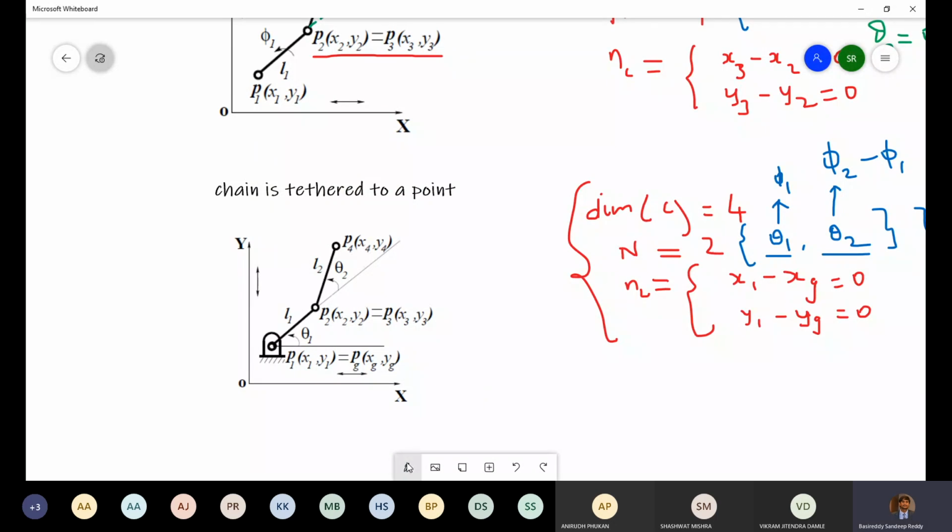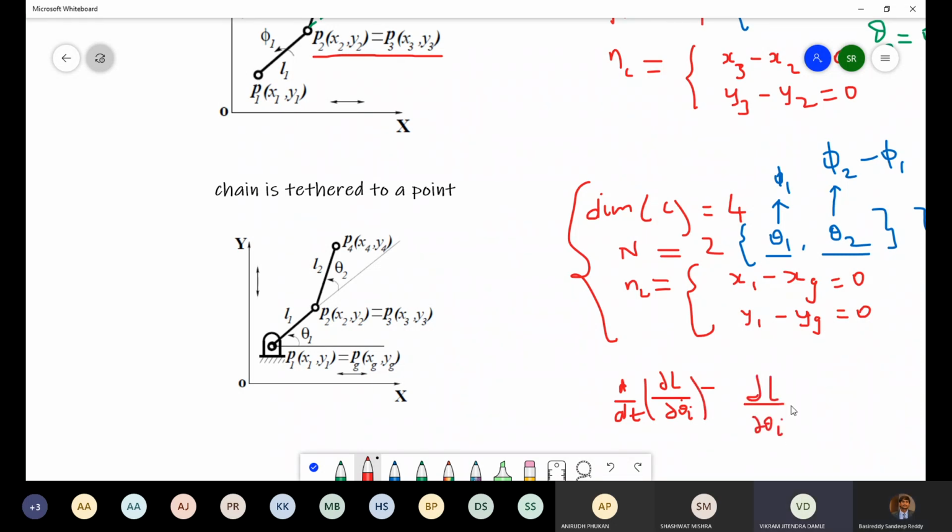So these kind of equations you have studied, d by dt of del L by del theta i dot minus del L by del theta i is equal to what?